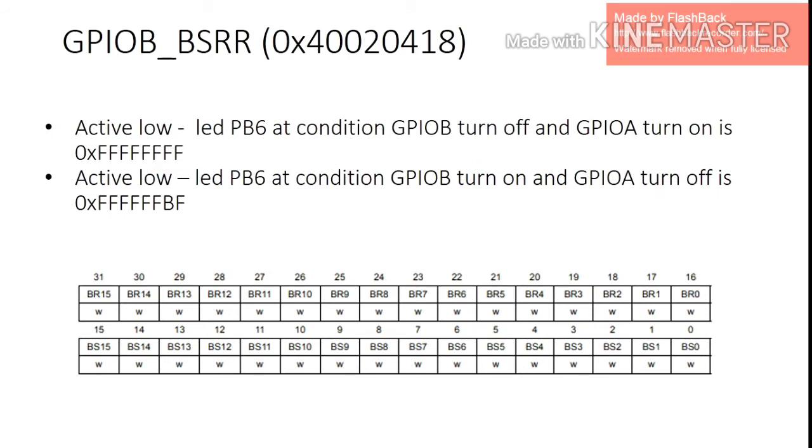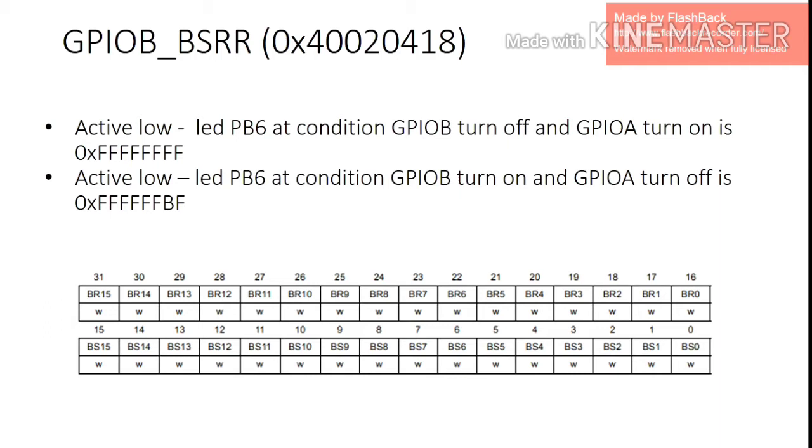So next is we also use GPIOB BSRR, which is the address is 0x40020418. It is the same as the GPIOA BSRR.